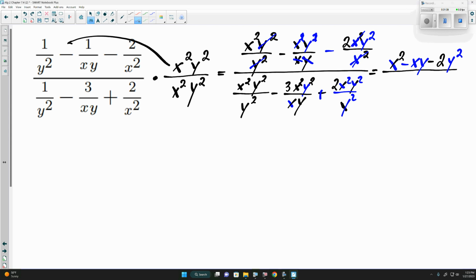And for the denominator, the y squared and y squared will cancel. Here, the x squared and x squared cancel, and xy cancels with one of the xy's, which tells us that we have x squared minus 3xy plus 2y squared.